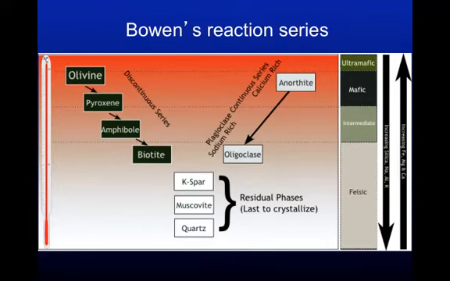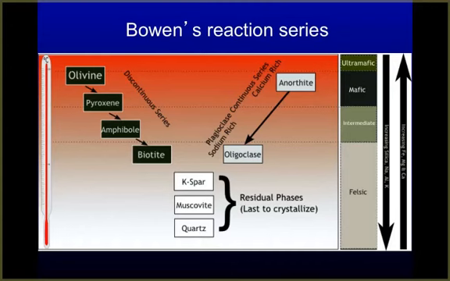All of those things together, the birefringence of those microlites, the composition of the phenocrysts, and the color index all go into trying to assess whether you have a mafic, ultramafic, or felsic rock.